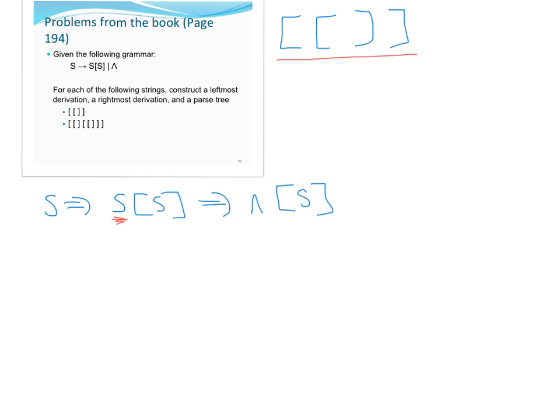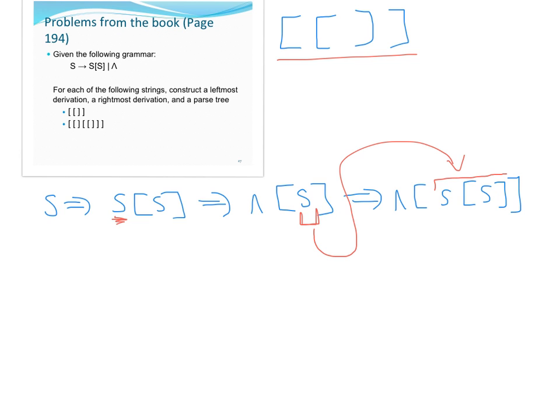right? And now we expand the leftmost non-terminal, which is the S in there, so that will go to, let's see, we have lambda bracket, and then we're going to have S bracket S, like that. Because what we've done is we've taken that S in there and expanded it into that piece.